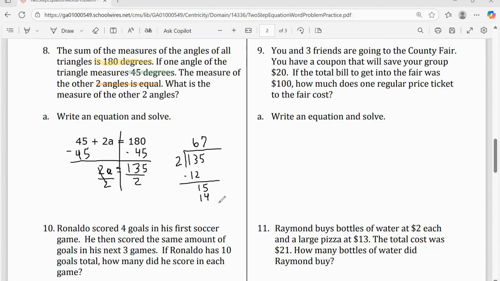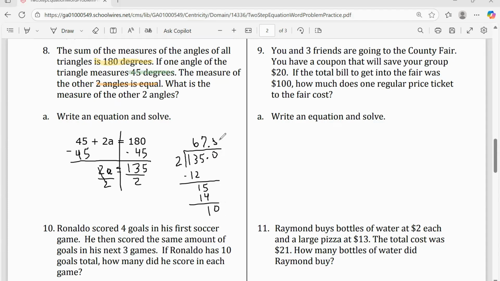Now, if you wrote this as a fraction, meaning 67 and 1/2, that would be fine. Me personally, as a teacher, I would accept that. However, I would tell you to try to put it as a decimal. So add a decimal here and here. 2 can go into 10 5 times.